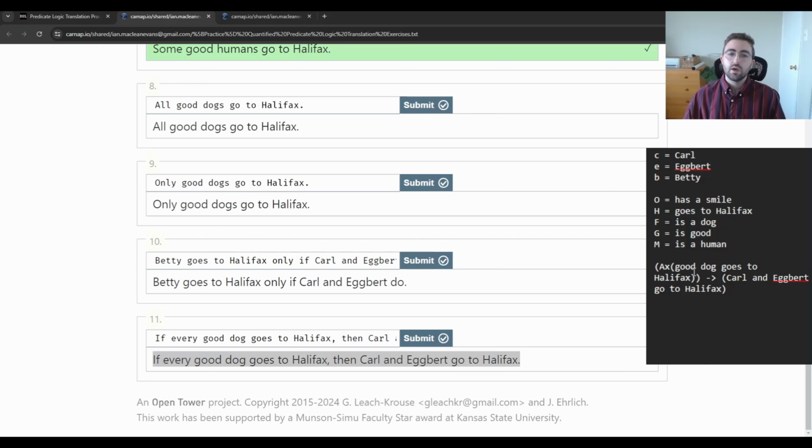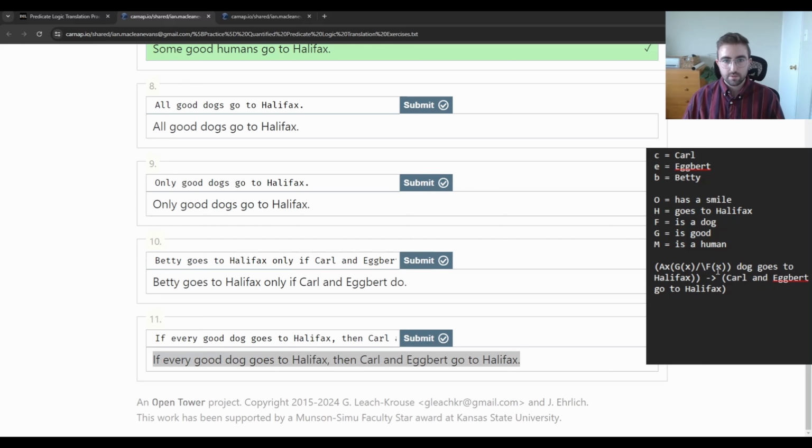Okay. So we can do a big and chain here, right? So we're going to say is good is G. So if x is good and x is a dog, which is F, so we're going to say F, x.